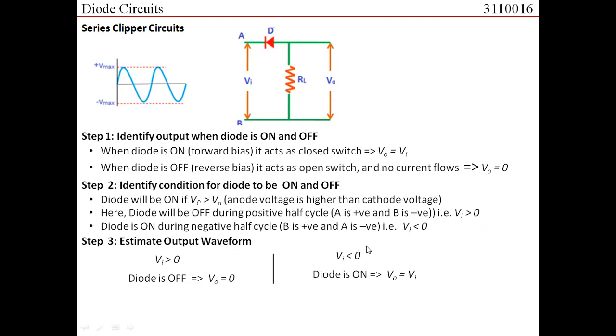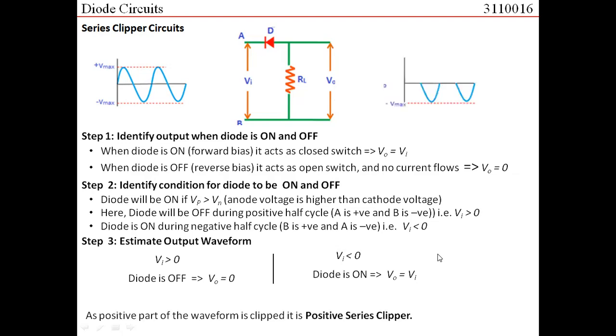Similarly, for input less than 0, the diode would be on. And if the diode is on, what would my output voltage be? My output voltage would be the same as my input voltage. So if we now try to sketch the output waveform, you would get something like this.